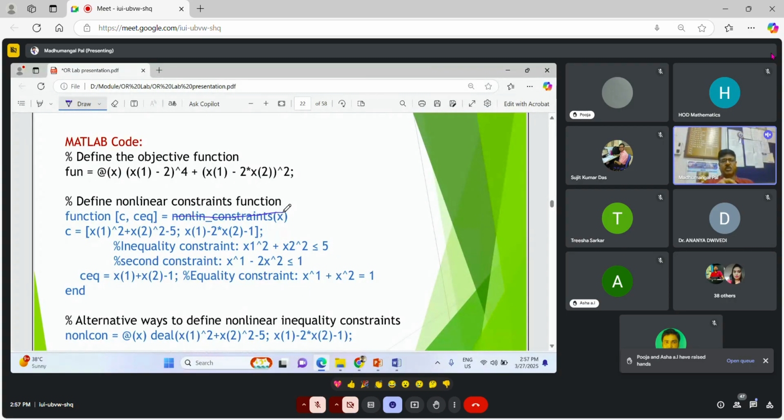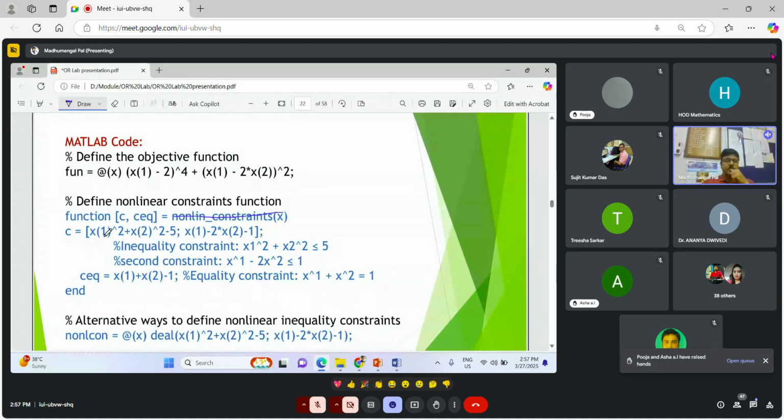You can give another name, not necessarily the same. So you can change this name. This is user defined, but a function. This function actually declares the function which has two types of vectors, C and CEQ are the vectors. But the vectors are not necessarily vectors of numbers. Here the vectors are expressions.